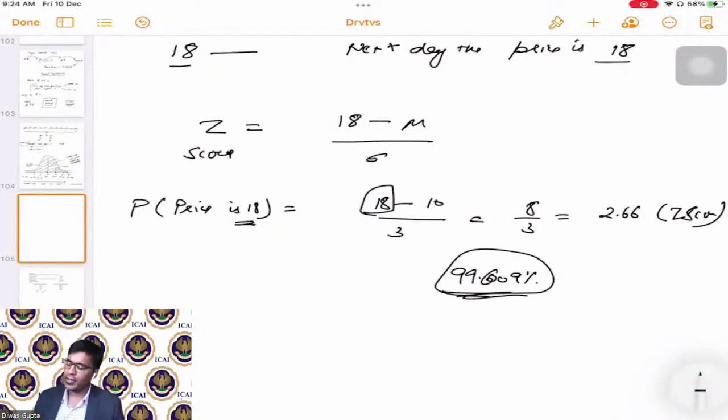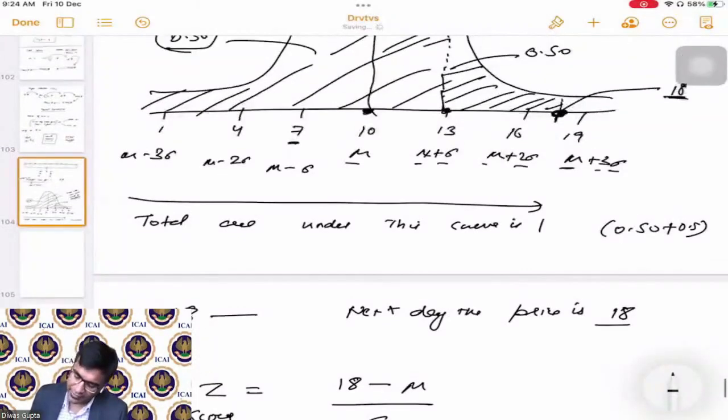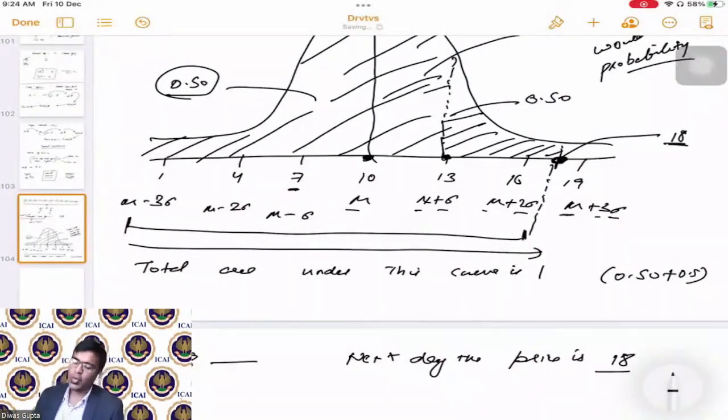We check it from the standard normal distribution table, and it comes out to 99.609%. That means from the left till 18 here, the value is 99.609%.